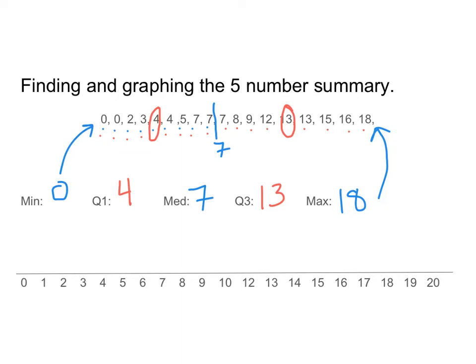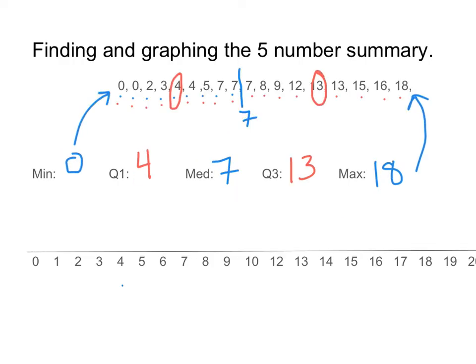And then once you have that done, we're gonna draw a vertical line at each of the numbers in the 5-number summary above the graph. So we're gonna do a line above the 0. We're gonna do a line above the 4. We're gonna do a line above the 7, the 13, and the 18.